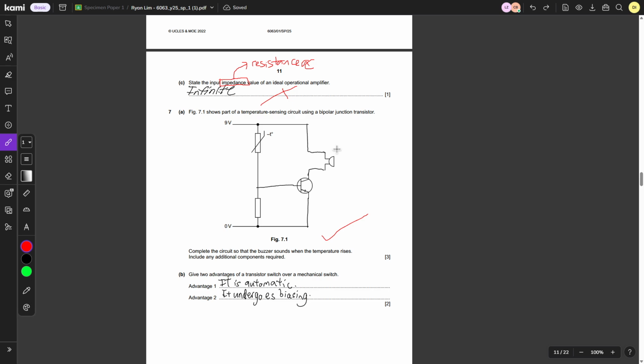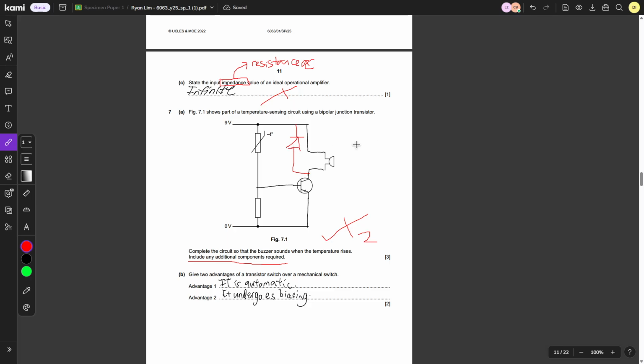You can watch my video on that. So basically, you need a flyback diode to protect the BJT, but they didn't ask for it here, so it's fine. Oh wait, include any additional components required. So no, you need a flyback diode. Okay, credits to Drovaya for telling me that.